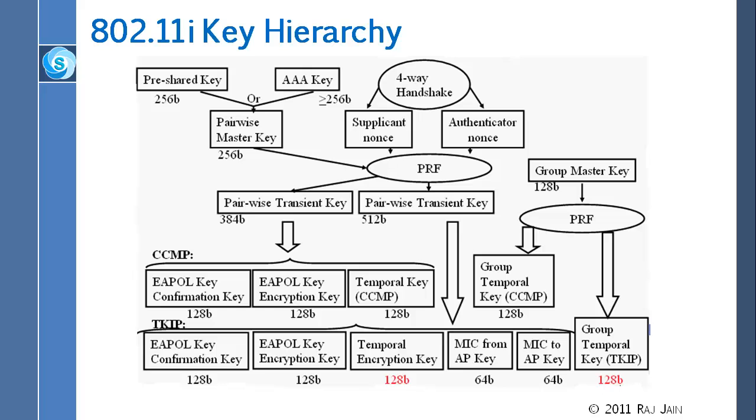Those nonces and the master key, these three items, are run through a PRF, a pseudo-random function, and that produces a 384-bit transient key for WPA2 and a 512-bit transient key for WPA.